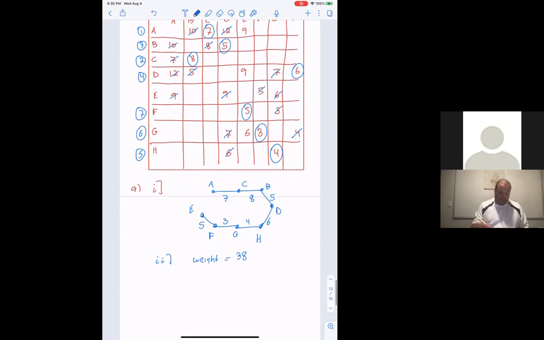And then finally, part B. It says a 9th vertex I is to be added to the tree.